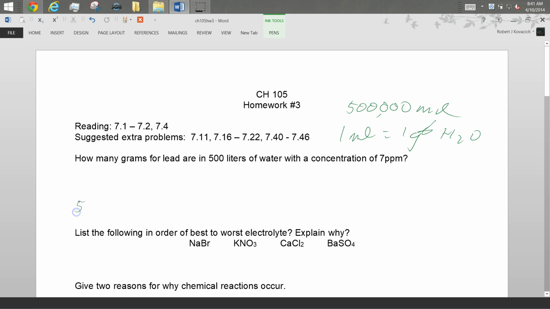So we've got 500,000 grams of this water. I'm not sure what the mass of the lead is, that's what I'm looking for. I multiply this by 1,000,000, and this is going to equal 7 parts per million.